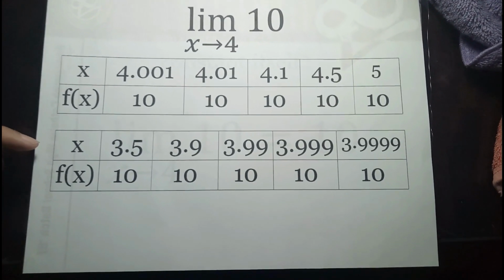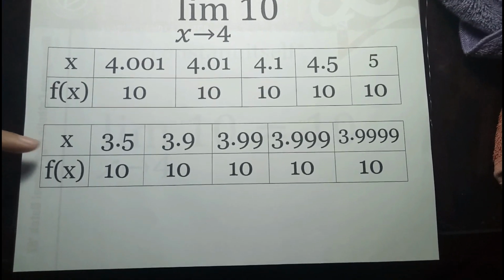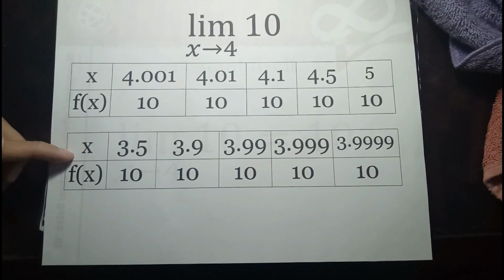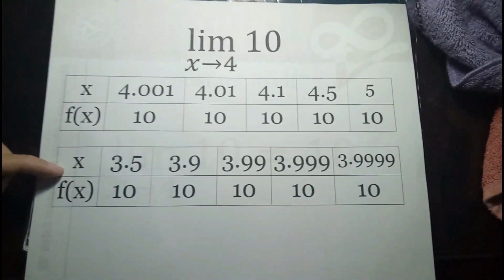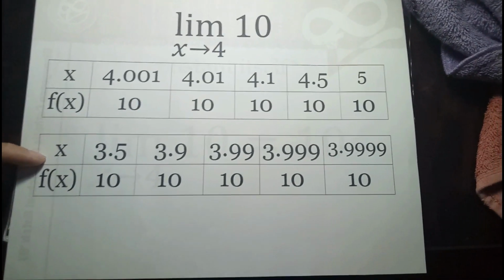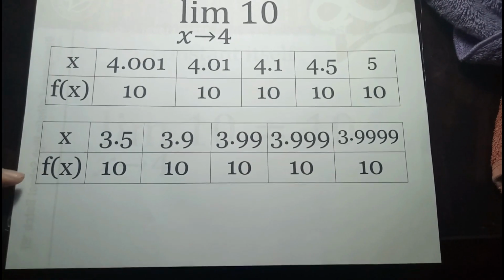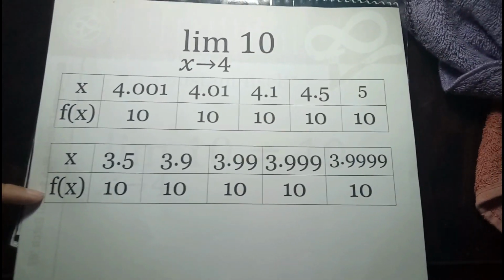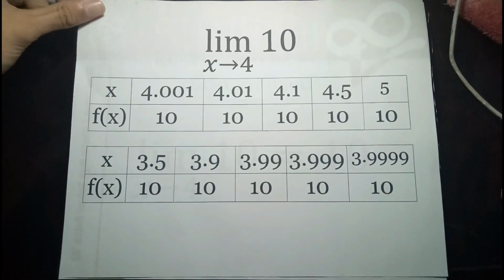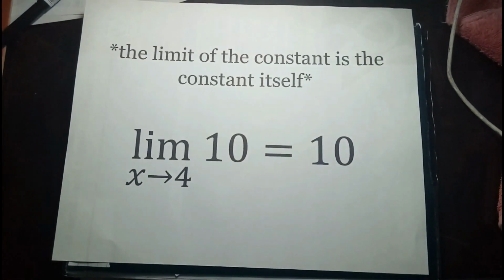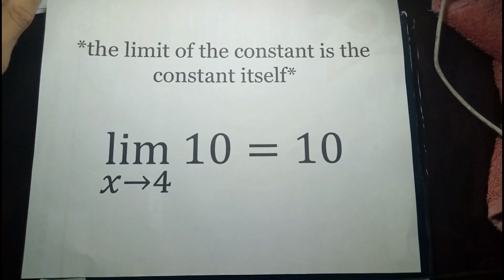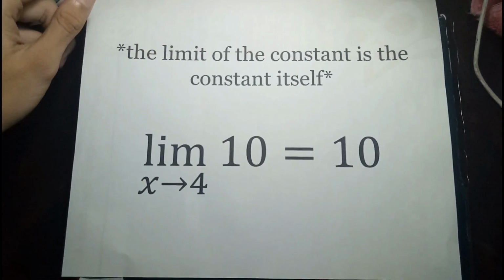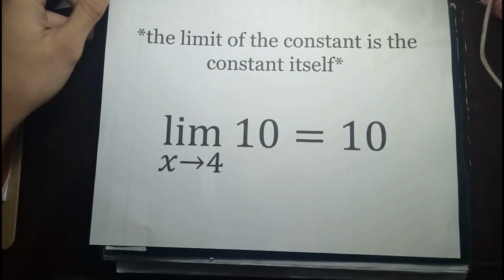And the x on the left side are 3.5, 3.9, 3.99, 3.999, and 3.9999, and their corresponding f of x are all 10. Since this is a constant function, we can say that the limit of the constant is the constant itself. Thus, the limit of 10 as x approaches 4 on both sides is equal to 10.